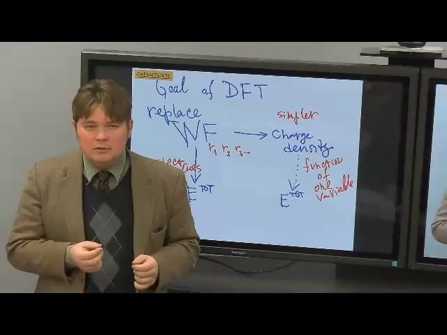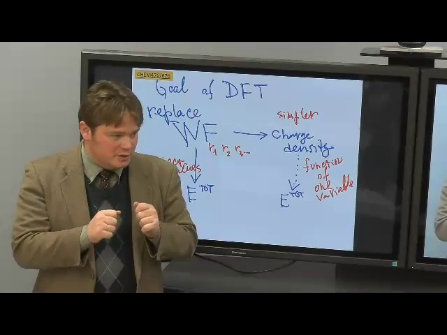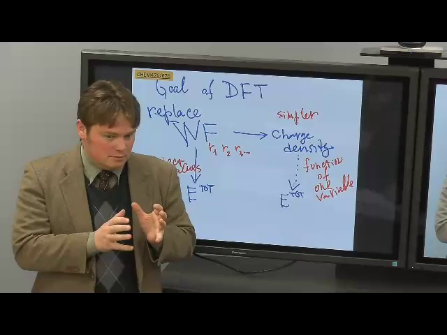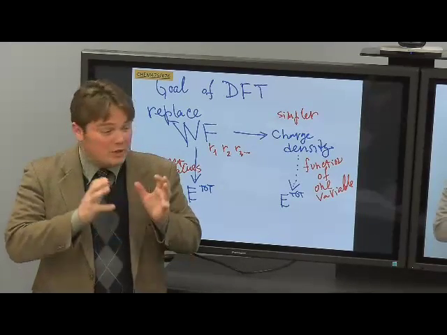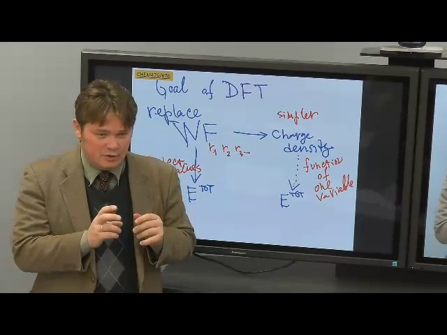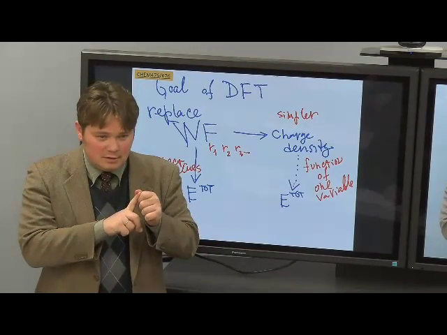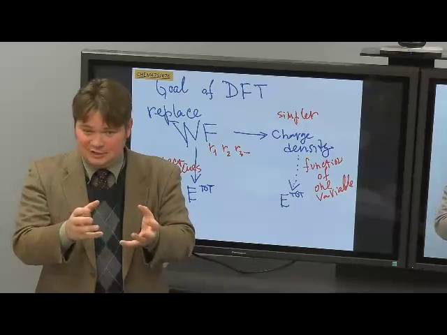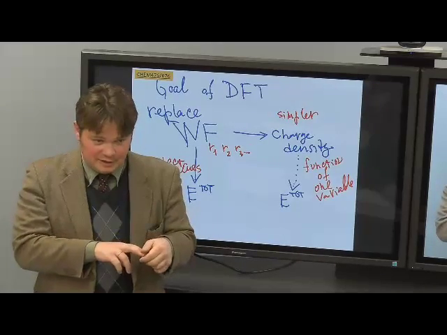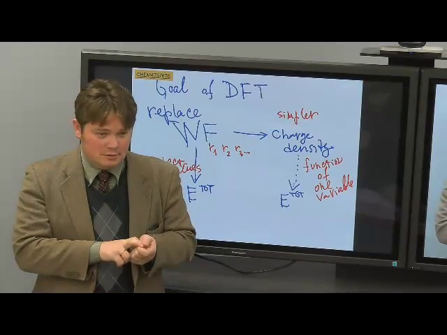So there are two very simple concepts that we need to get acquainted with and comfortable with. One is charge density, which is just electronic clouds. And the second is the concept of function.